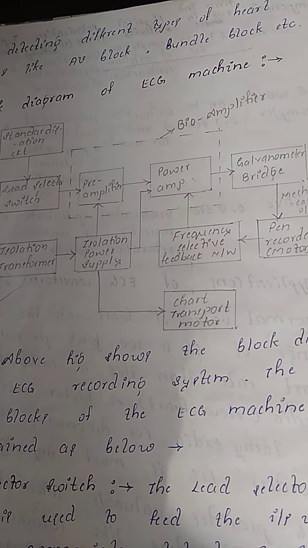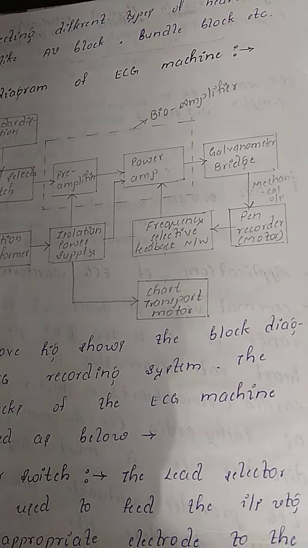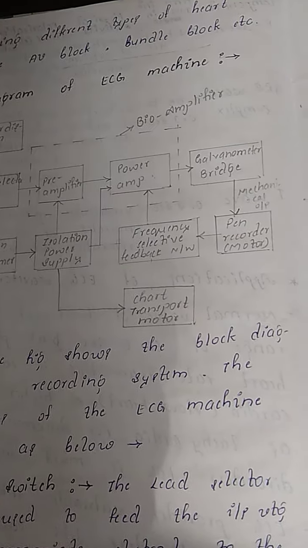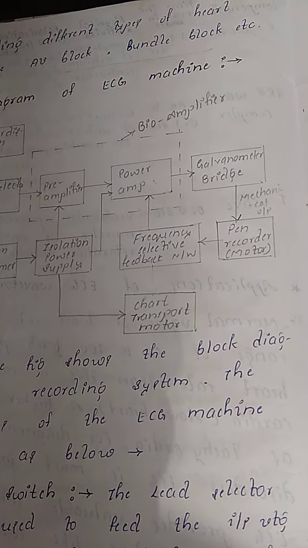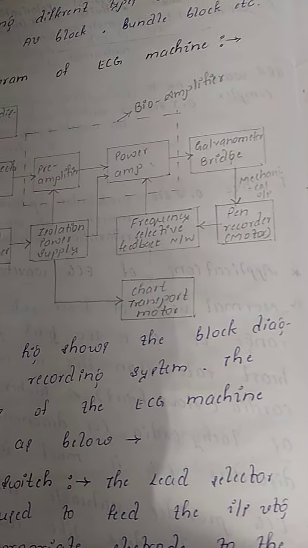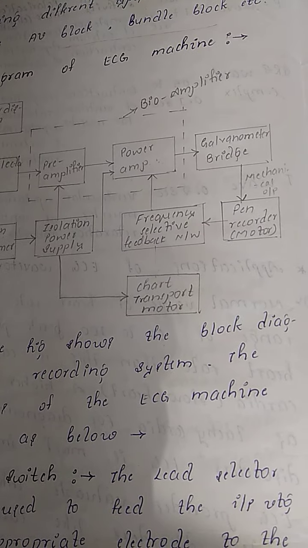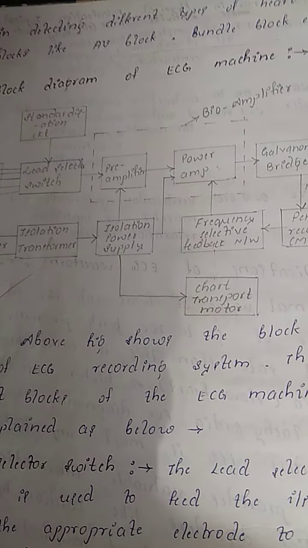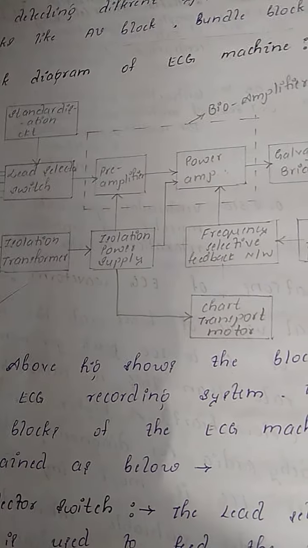The charge transport motor is used to move the paper in the pen recorder. The pen recorder is similar to a printer, with which the hard copy can be obtained. So this is about the ECG machine, the ECG instrument.